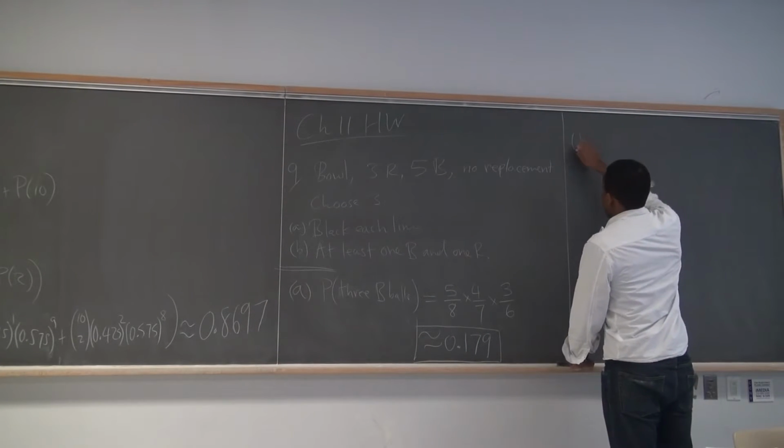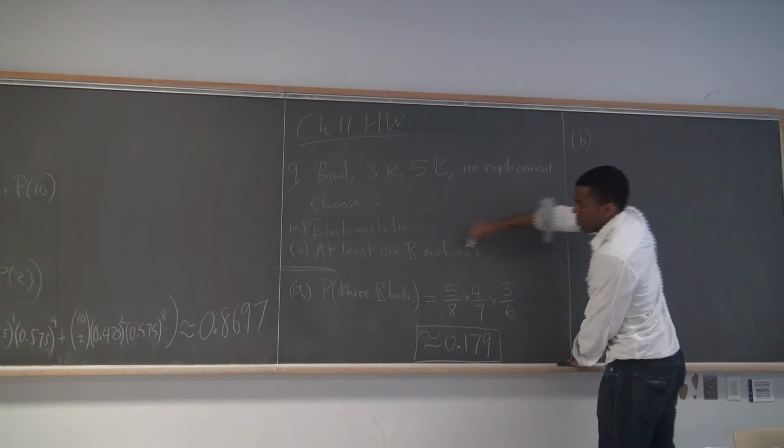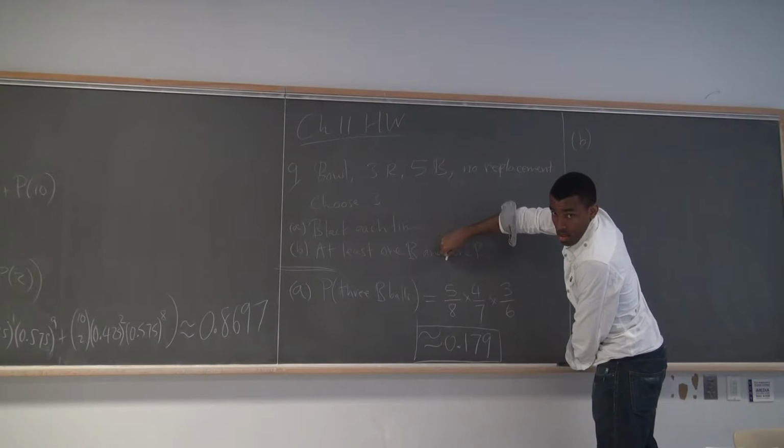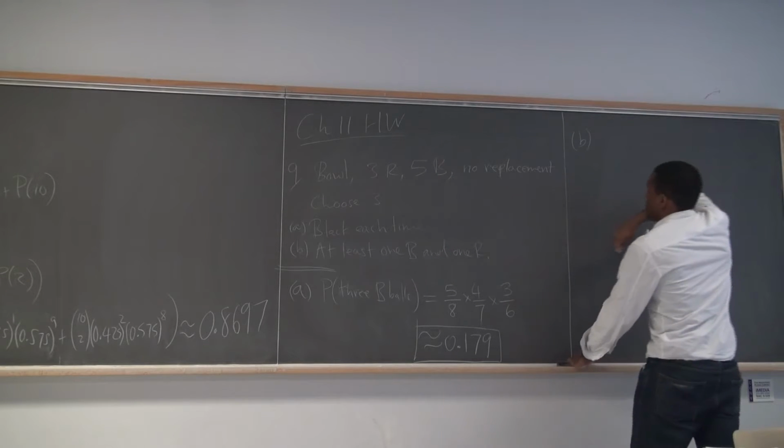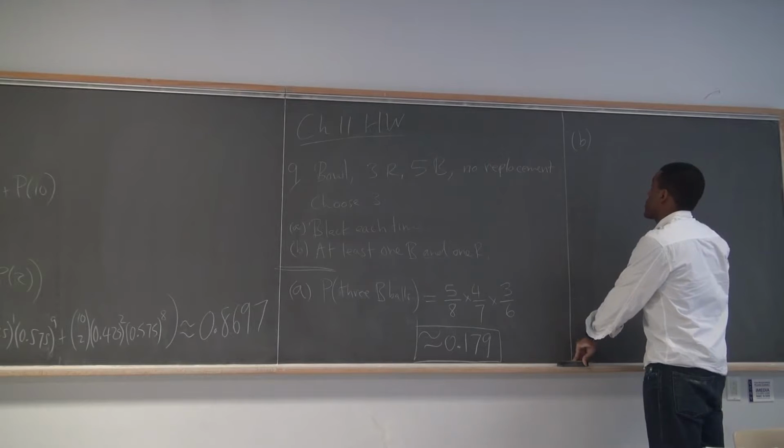Okay, B. At least 1 black and at least 1 red. Okay, how do we do that one? You compliment. That would be the complement.